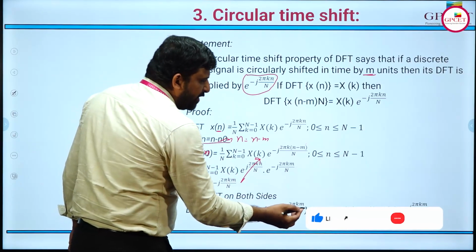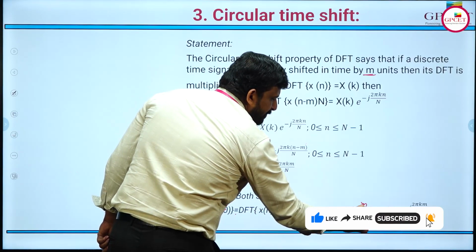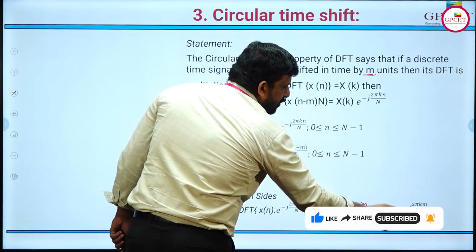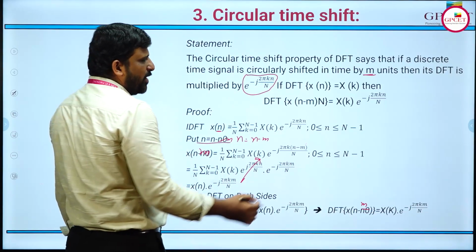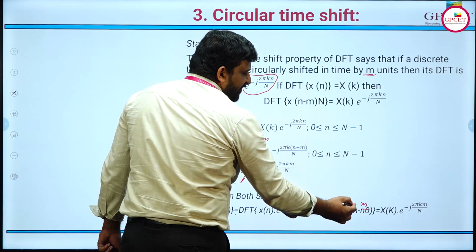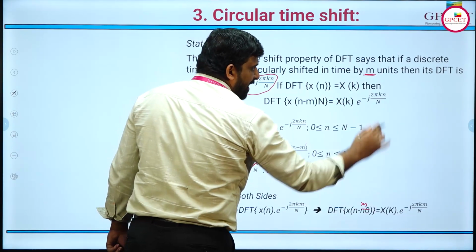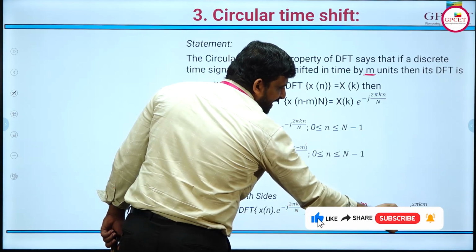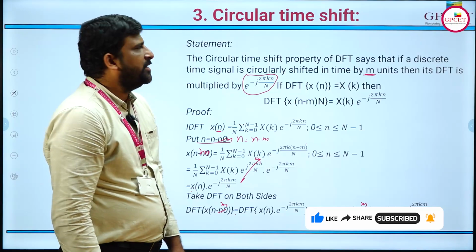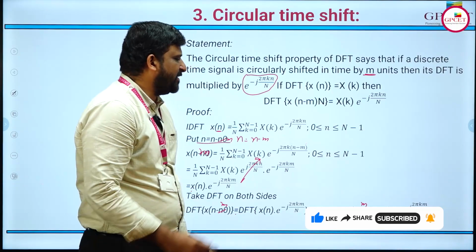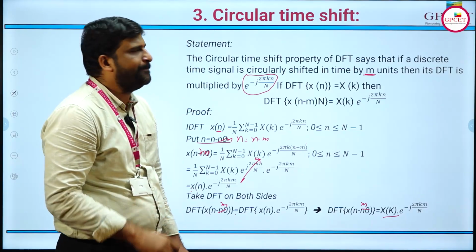So finally what I am going to get is DFT of x of n minus m is equal to x of k multiplied with e power minus j 2 pi k m by N. So what it is saying is, if x of n is circularly shifted by m units, we get x of k e power minus j 2 pi k m by N, which is proved here. Fine. So this is the circular time shift. How much is it shifting? It is shifting m units circularly.